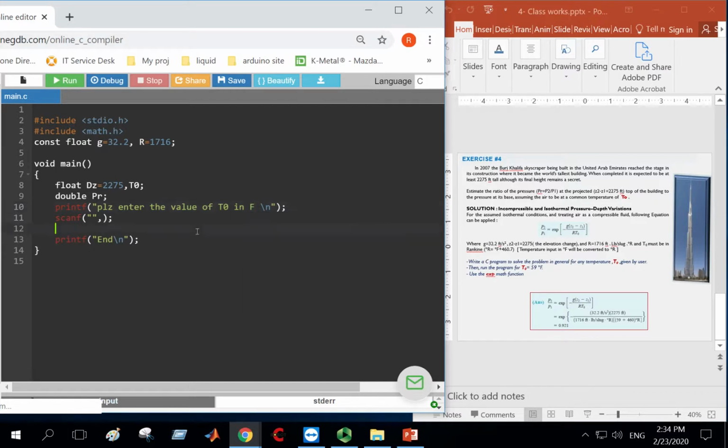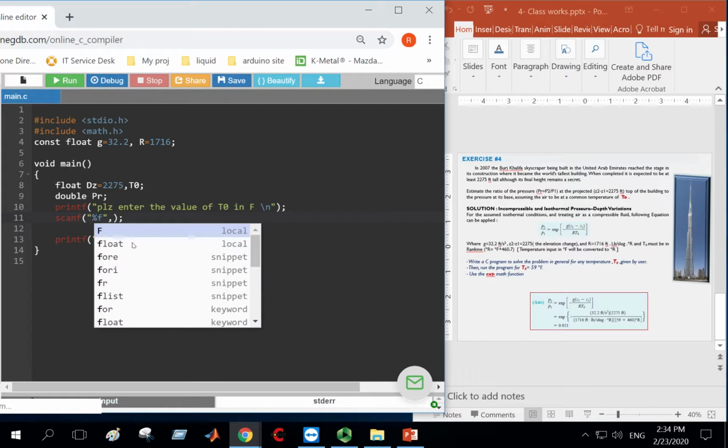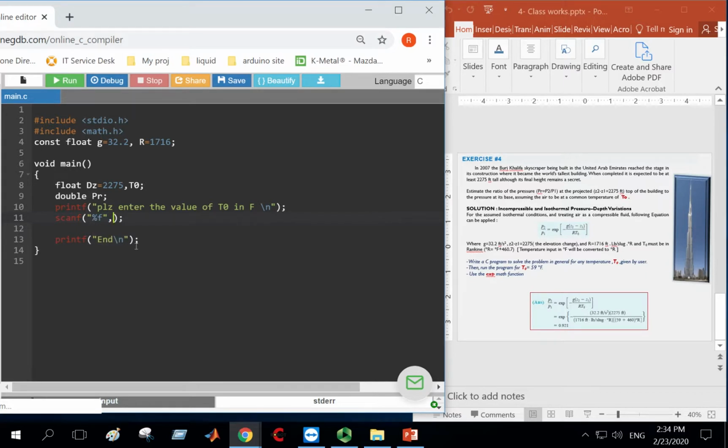Then we have to scan a float and give it to the variable T0. According to the equation and units used, the temperature should be entered in Fahrenheit and then converted to Rankine. We can declare R and T0, it's up to you. I prefer to declare the temperature in Rankine.